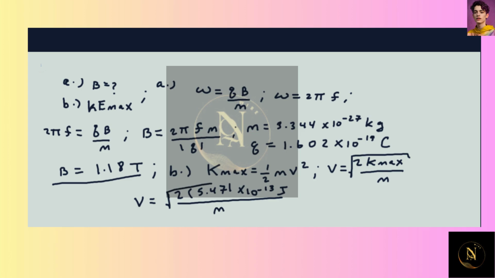It's written right above us. We have mass here, and we have my energy given here. When I calculate this, I get that this is 1.8 times 10 to the 7th meters per second.